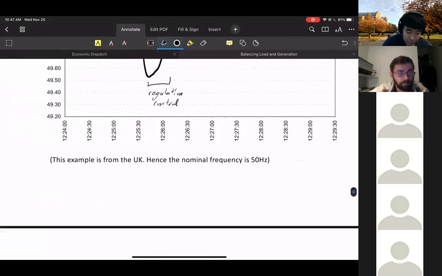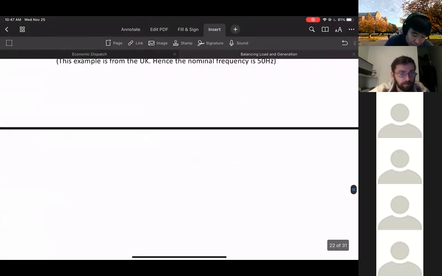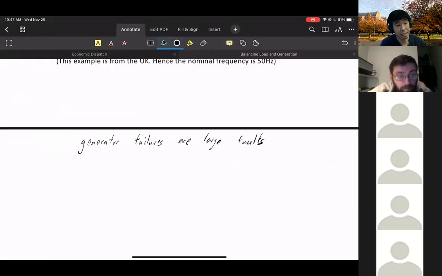So it'd be interesting to look at this. Remember, generator faults are large faults. So generator failures are large faults. Okay, so if the system is going to go down, a lot of times a big generator gets knocked offline.